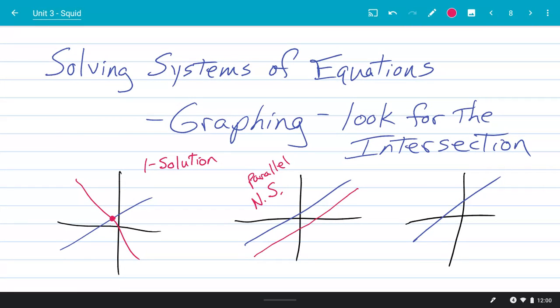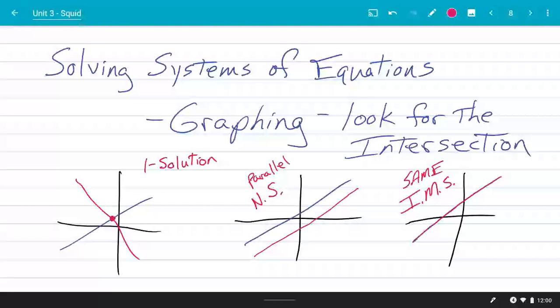And finally, I could have 2 lines that are essentially the same line, lying right on top of each other. And that would be infinitely many solutions. So that could happen when dealing with a system. The one that we're going to deal with the most is when it has 1 solution.